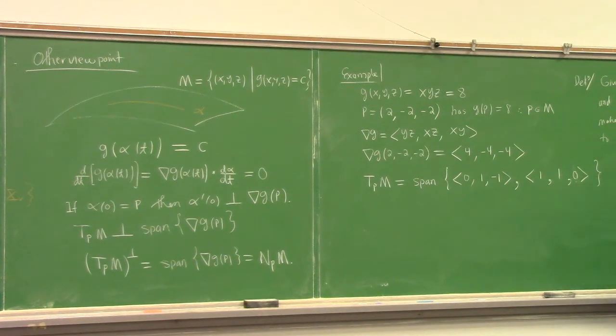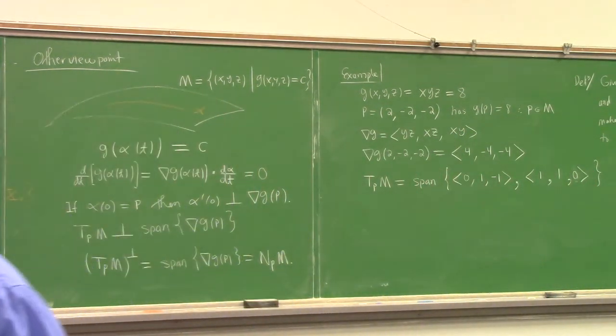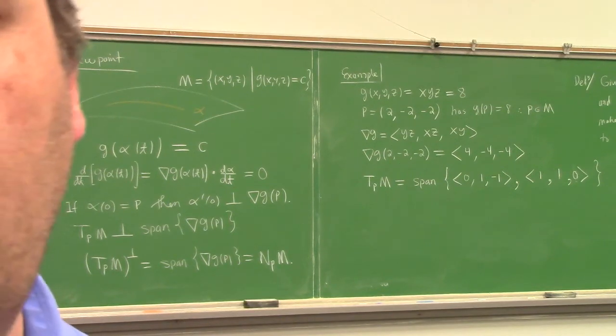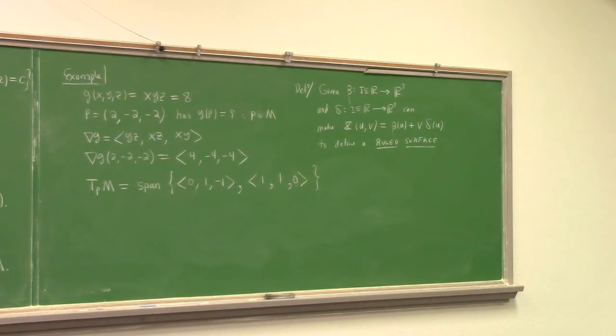Now, do we have a calculational method to find the tangent space here? What would you do if you wanted to be more systematic and you didn't feel like guessing? What did we learn we could do? Well, yeah, we could do the cross product. That's one way, and that would be superior to my answer in the sense that it would have given us an orthogonal basis, which would have been nice.